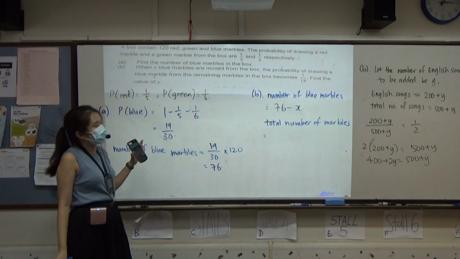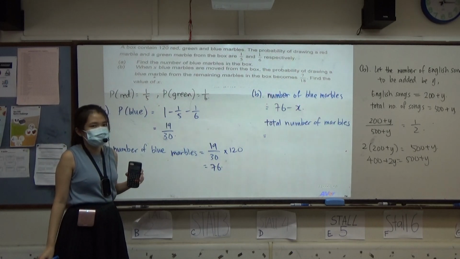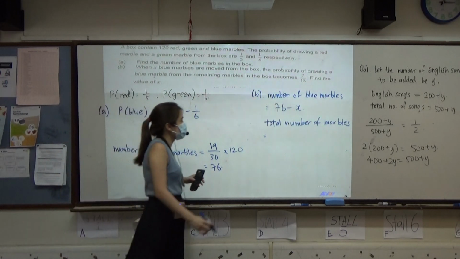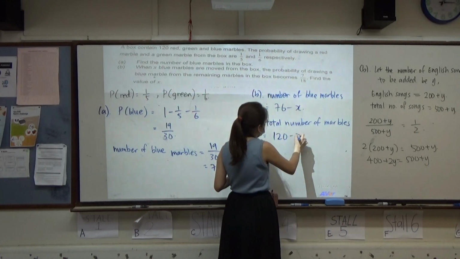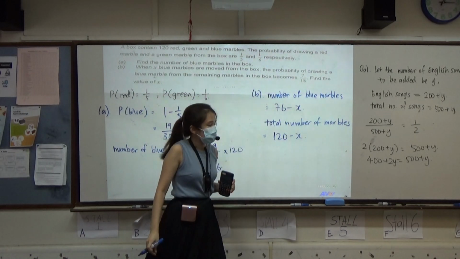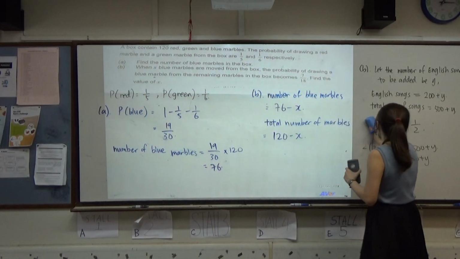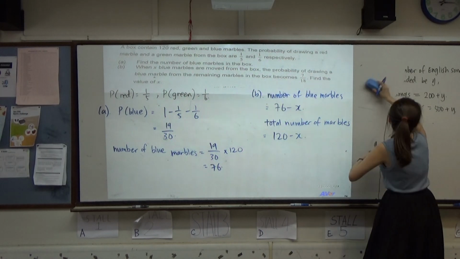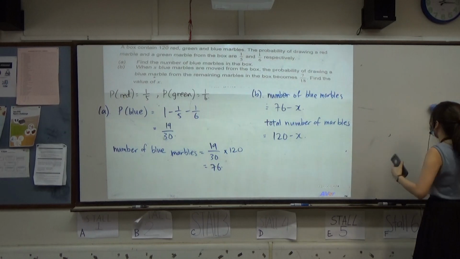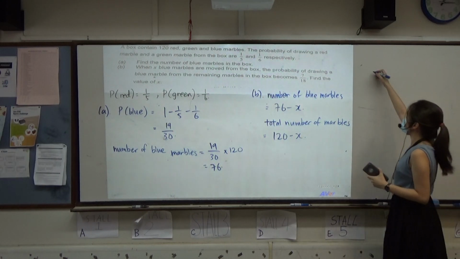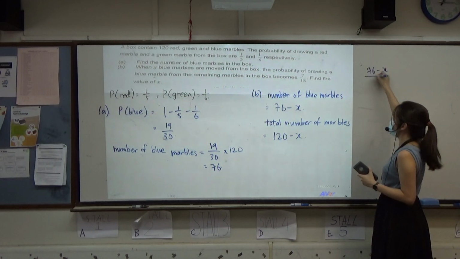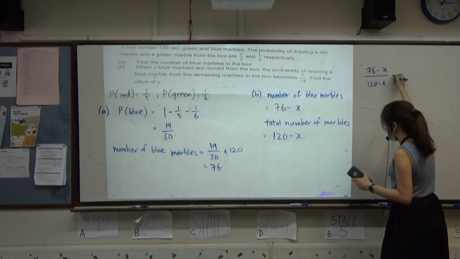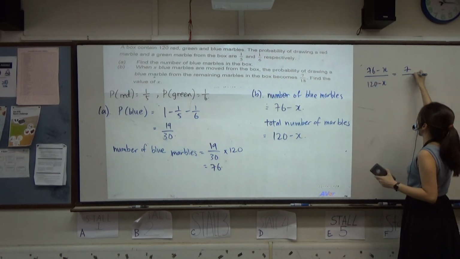How many marbles did I have before in total? So the total number of marbles now is 120 minus x. So now I can form my equation to match the probability, which will be 76 minus x over 120 minus x equals 7 over 18.